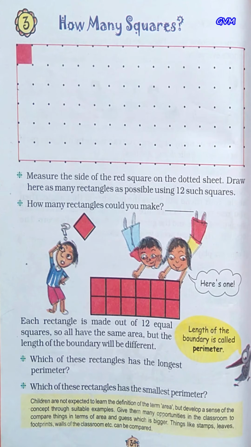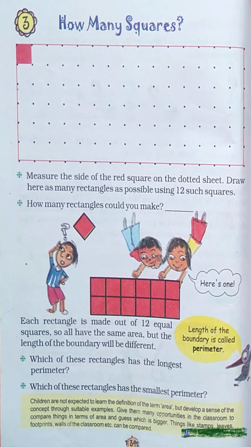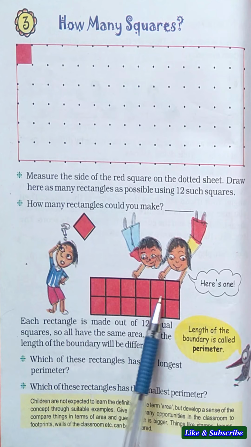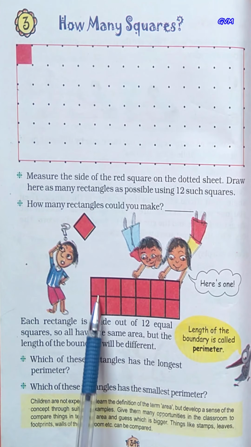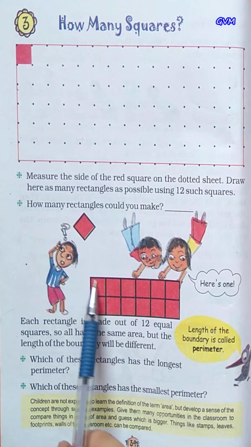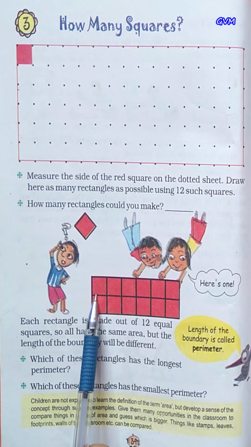Now, which of these rectangles has the longest perimeter? Students, because you are using only 12 squares each time, the area will be 12 square centimeters because 1 square is of 1 centimeter.